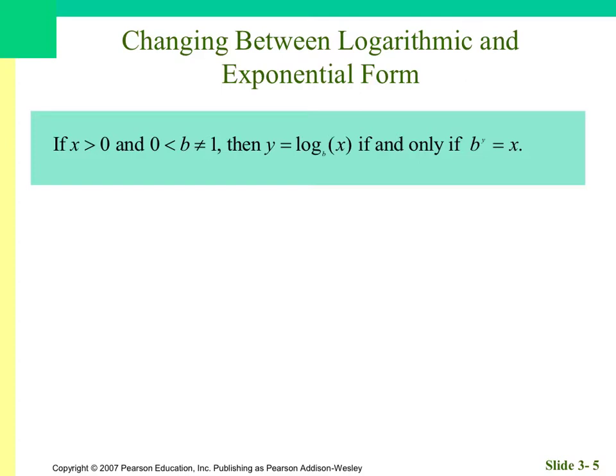Okay. If x is greater than 0 and b is greater than 0 but does not equal 1, then y equals log base b of x if and only if b to the y equals x. Another way I like to remember this is: the base to an exponent equals a number.